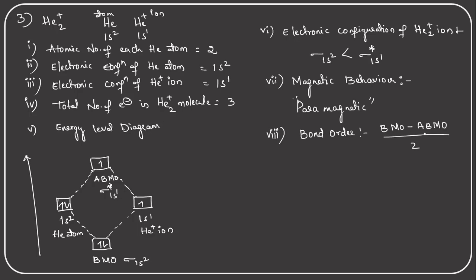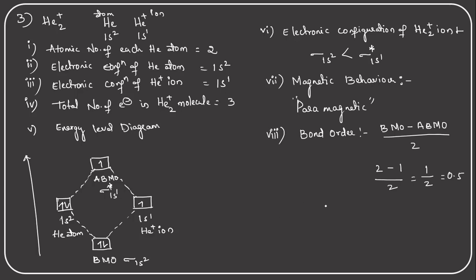So the difference between these two, here the bonding molecular orbitals have 2 minus the number of electrons in the anti-bonding orbitals, how many here? 1. So divided by 2. 2 minus 1 is 1. 1 by 2 is 0.5.